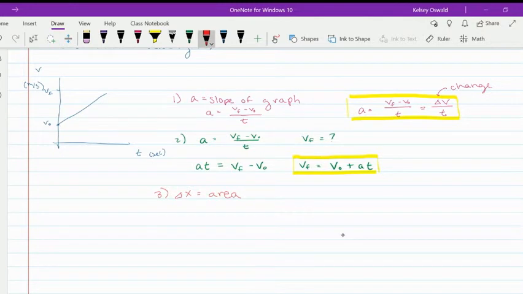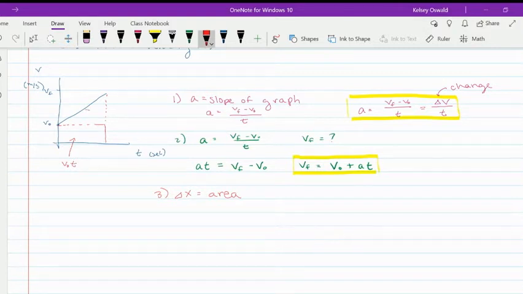So if we wanted to find the area of this graph, we'd want to break it up into shapes that we know how to find the area of. We'll find that we have a rectangle and a triangle. To find the area of that rectangle, we would do our height, which is our initial velocity, times time, our base.